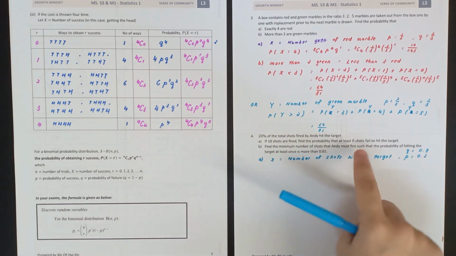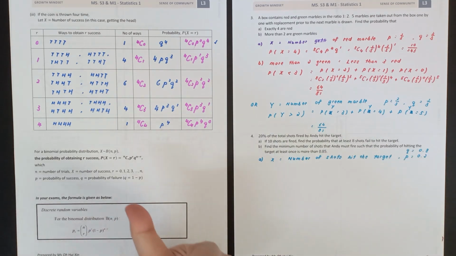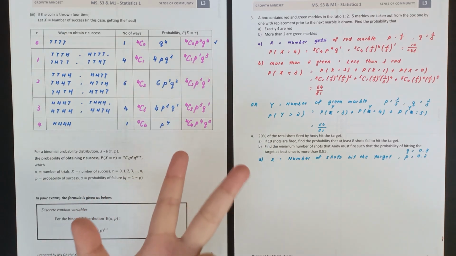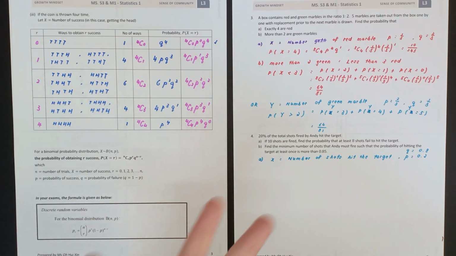I have 8 shots fail to hit, 9 shots fail to hit, 10 shots fail to hit. Stating it in another way, I hit the target 0 times, I hit the target 1 time, and I hit the target 2 times. This is how I get 10, 9, 8 for the ones that failed to hit the target.